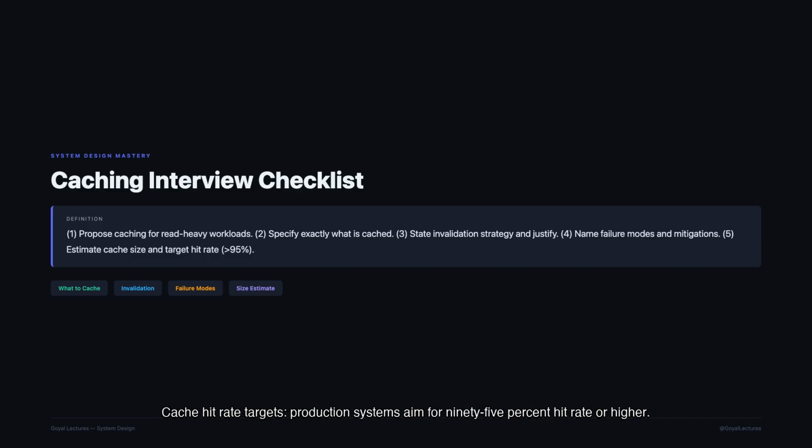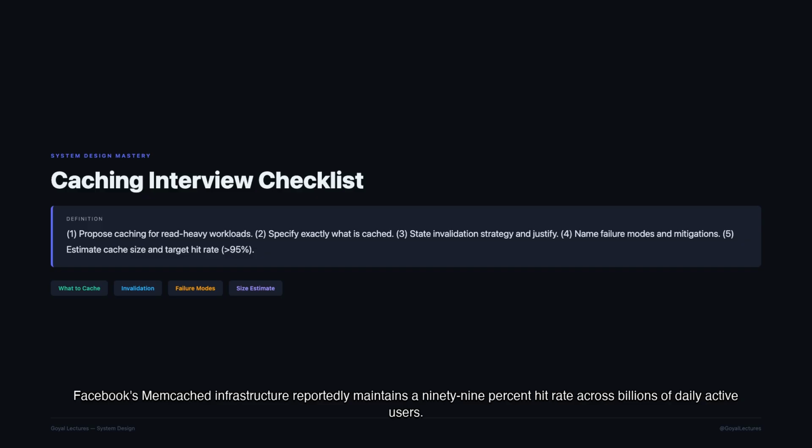Cache hit rate targets. Production systems aim for 95% hit rate or higher. Facebook's Memcached infrastructure reportedly maintains a 99% hit rate across billions of daily active users. At 99% hit rate, your database sees only 1% of read traffic, a 100 times reduction in read load. Cache size guidance.